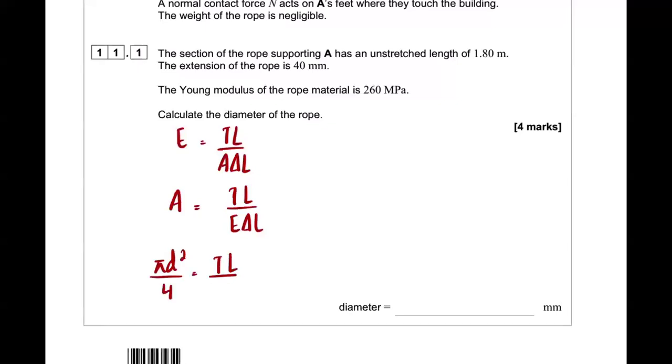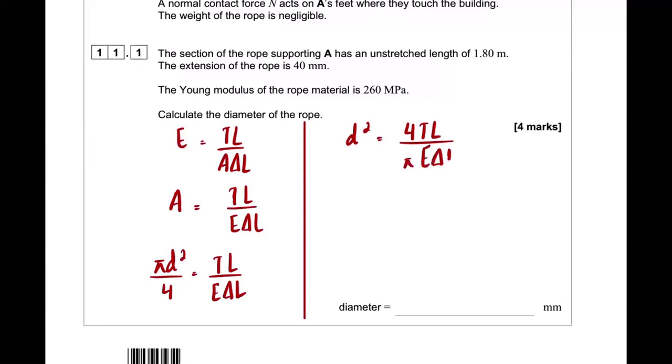So making d the subject, d squared equals 4TL over pi E delta L, and then I'll take the square root.